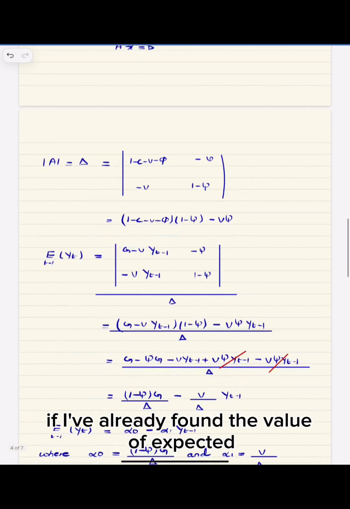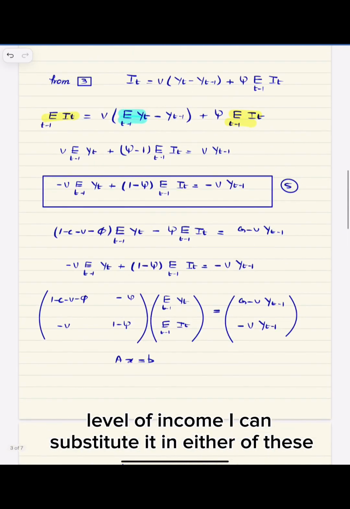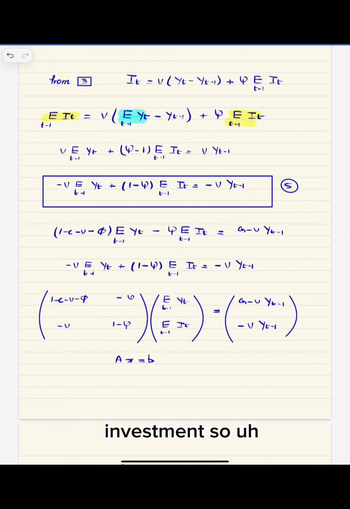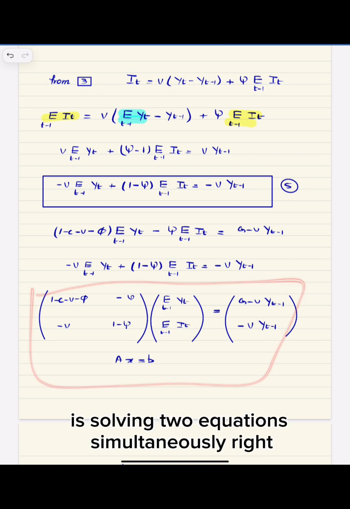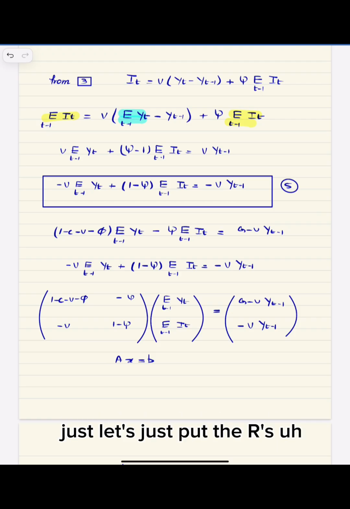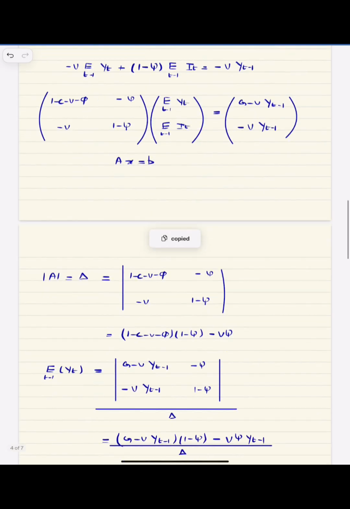So if I've already found the expected level of income, I can substitute it in either of these to find the expected value of investment. Converting it into matrix form is solving two equations simultaneously, right? So instead of doing Cramer's rule, let's just put what we found in equation 5.